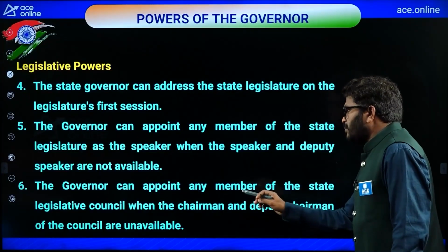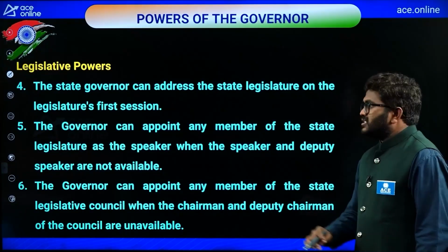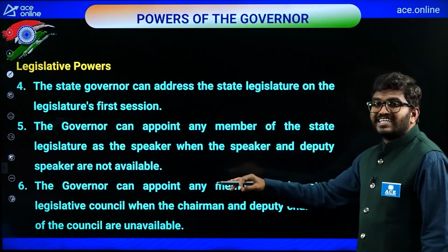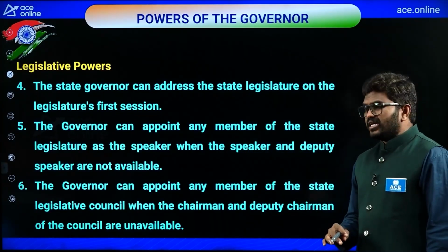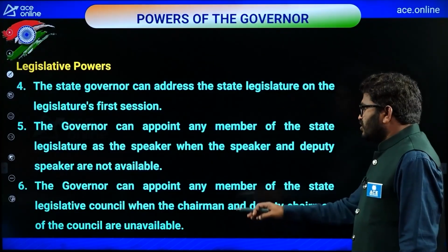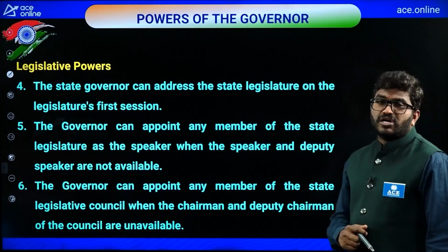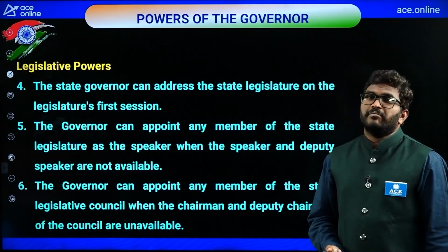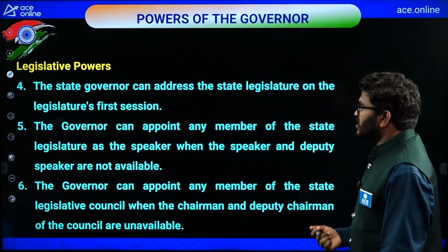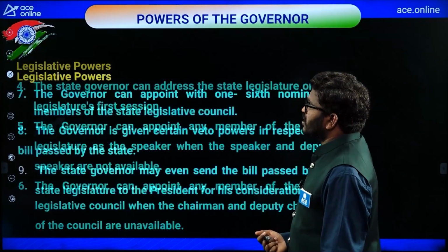The governor can also appoint any member of the state legislative council. This is the state legislature and this is the state legislative council; you can say MLAs and MLCs. When the chairman and deputy chairman of the council are unavailable, the governor will appoint one of the MLCs as chairman.